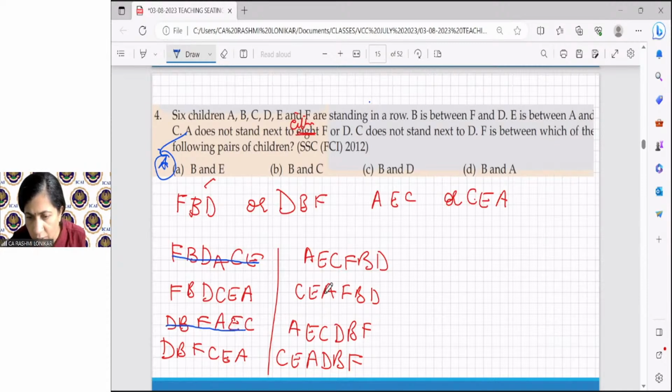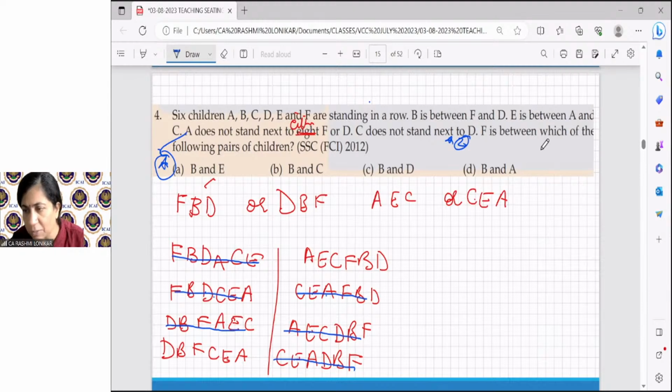In these two, A standing next to F is not allowed, and A standing next to D is also not allowed. So already 4 things have gone. The next point they have given is that C does not stand next to D. This goes away, and this also goes away. So you have 1 and 2 remaining.